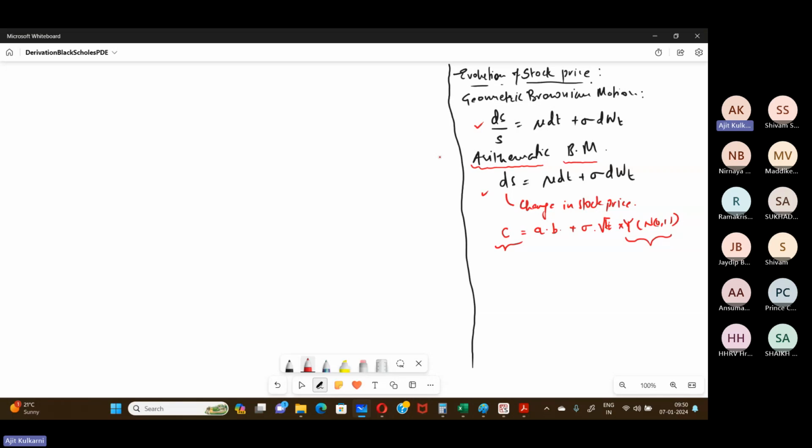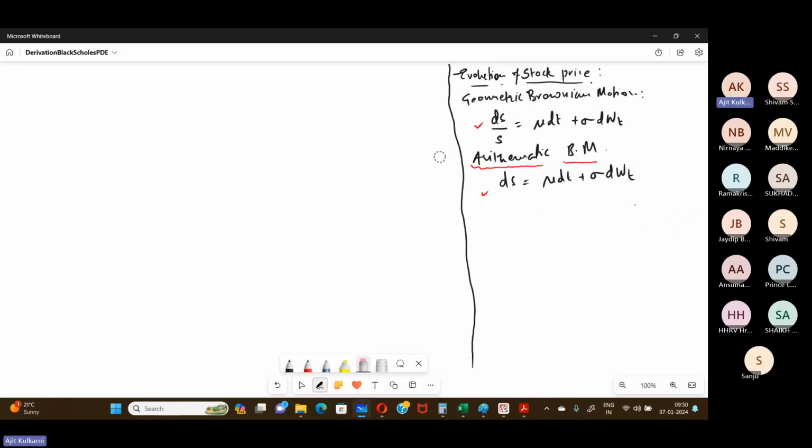So everything is just a scaling factor. So distribution wise this is the same as this, right? So arithmetic Brownian motion says that change in stock price is normally distributed, correct? Now let us go to geometric Brownian motion. What is dS by S?